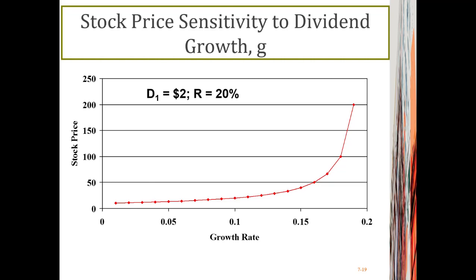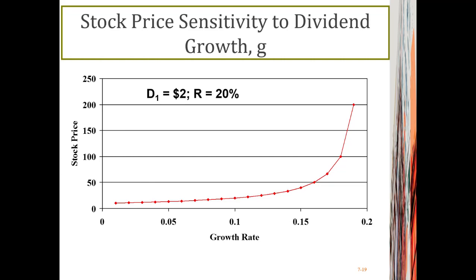Now, let's take a look at this picture. This picture shows you the relationship between growth rate and the stock price. When the growth rate is low, let's say 2%, 3%, the stock price is low, $3, $4, $5. If that growth rate increases to, let's say, something around 18%, 19%, look, the stock price will go all the way up to $200.